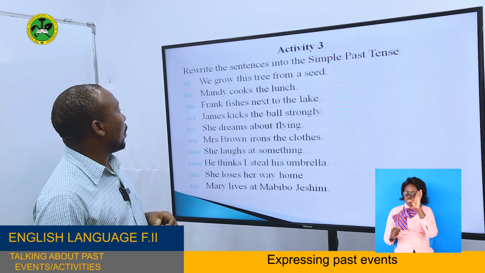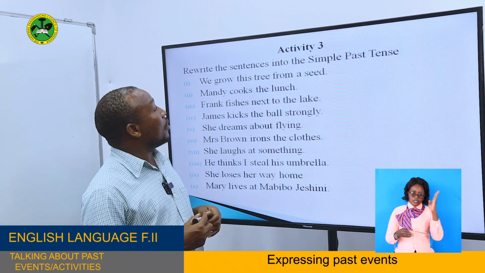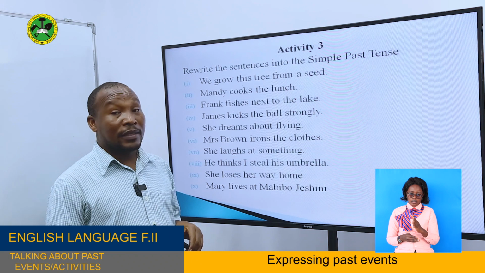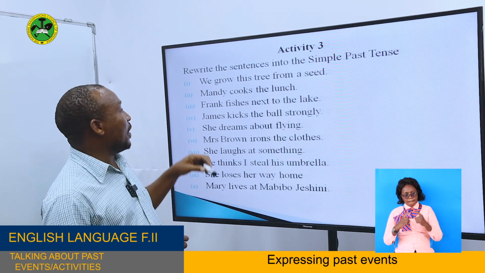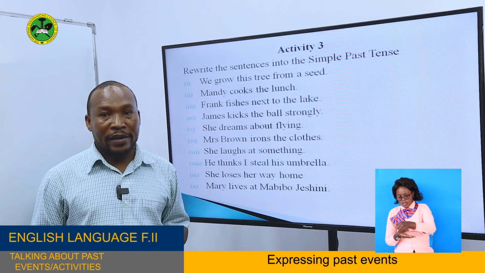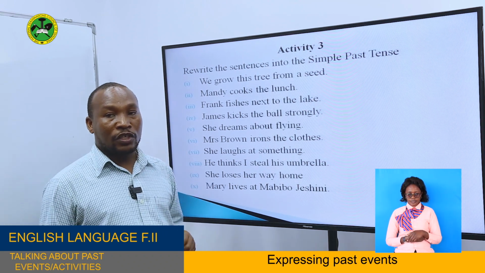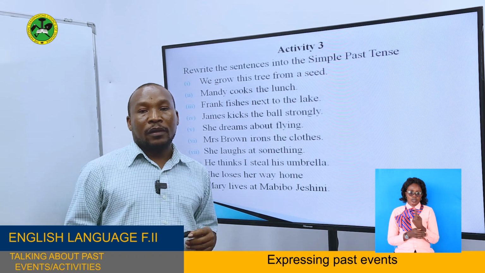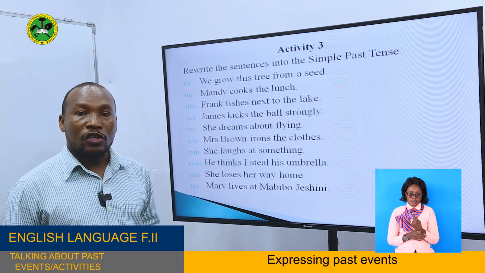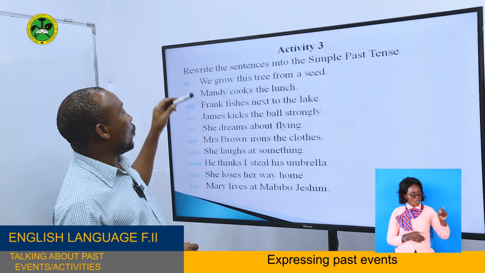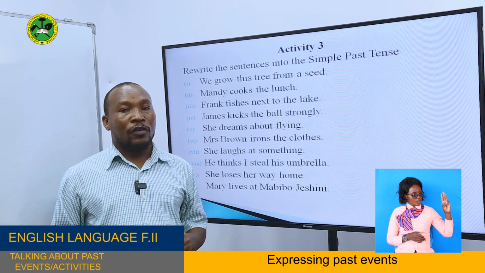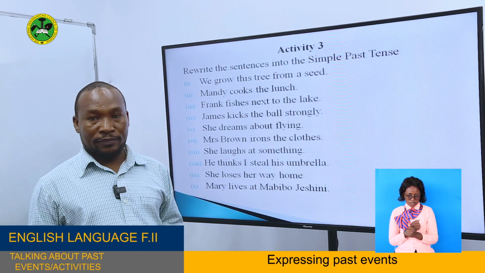Roman 1. We grow this tree from a seed. The verb here is grow, and it is irregular. Therefore, it will change from grow to grew. Therefore, we grew this tree from a seed.